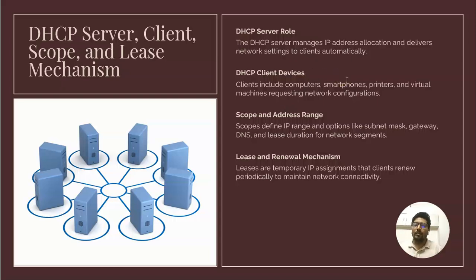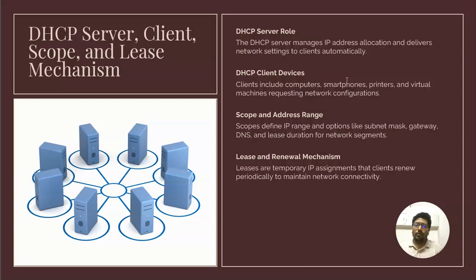A client can be computers, smartphones, printers, virtual machines, anything available on the network. The second and third things are the scope and address range. Scope defines the range of IP addresses for each subnet and options like the subnet mask.